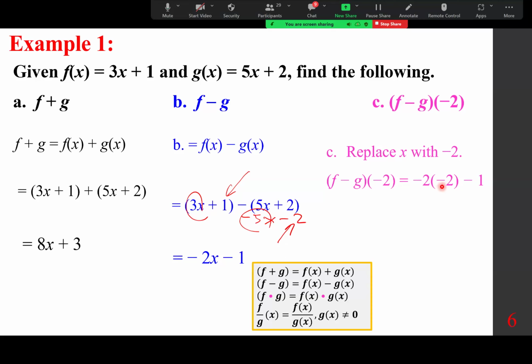Negative 2 times negative 2 is 4, minus 1, the answer is 3. Now, if we didn't have this, the second method would have been to plug in negative 2 in this, negative 2 in this, and subtract this one from that one. That would be a second method. No need to do that.